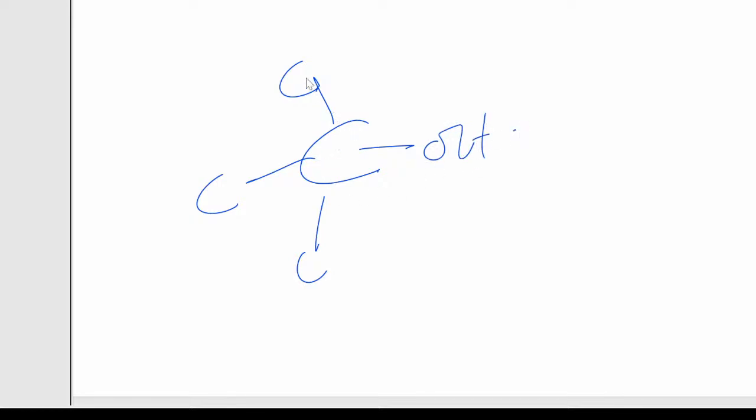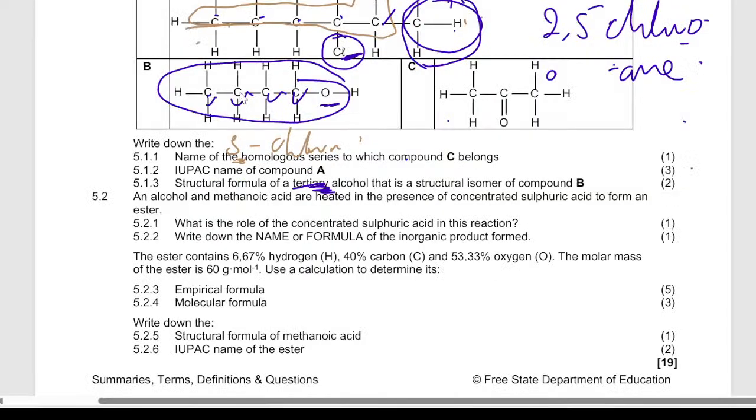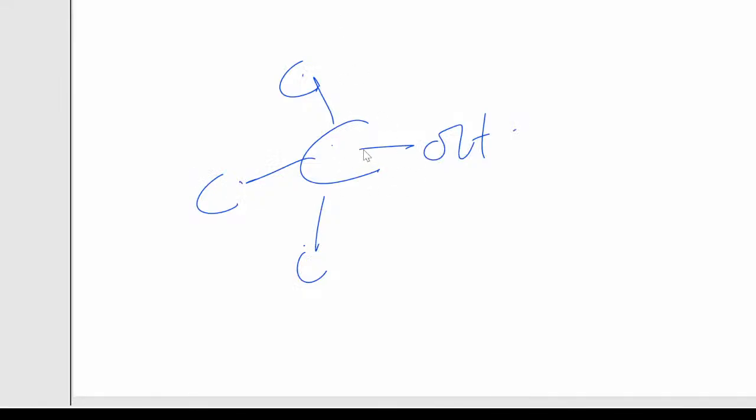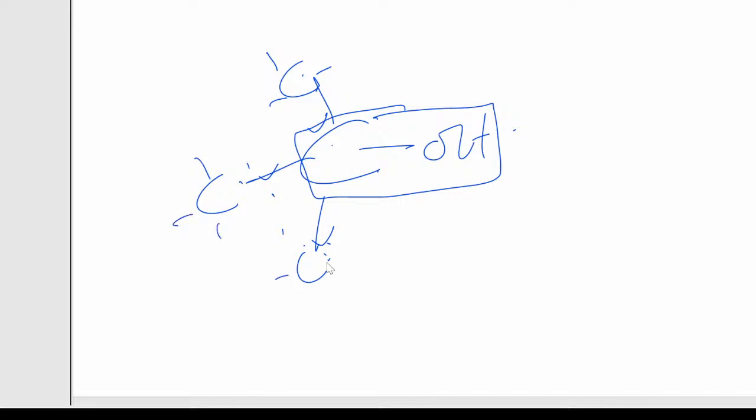Because it's a tertiary alcohol, the carbon atom with the functional group is attached to 3 other carbon atoms. You see, 1, 2, 3. So I just put the hydrogens there, and then the structure is done.